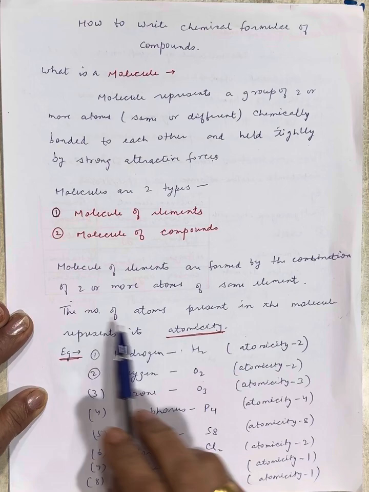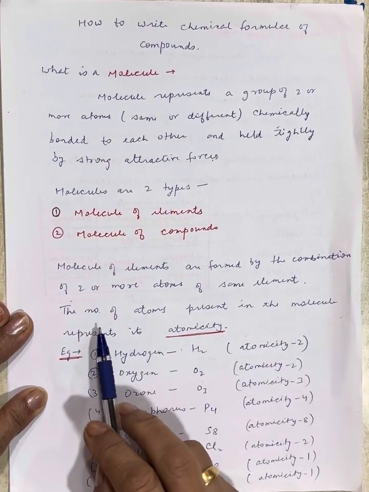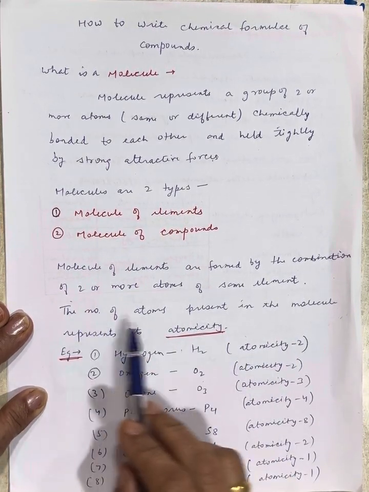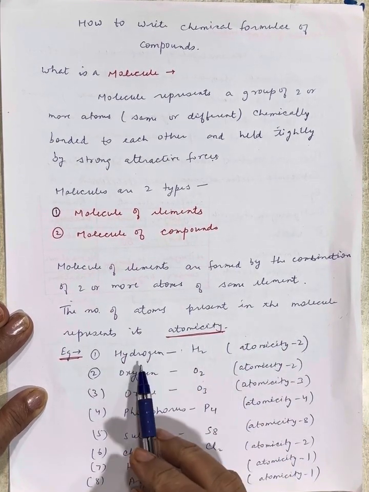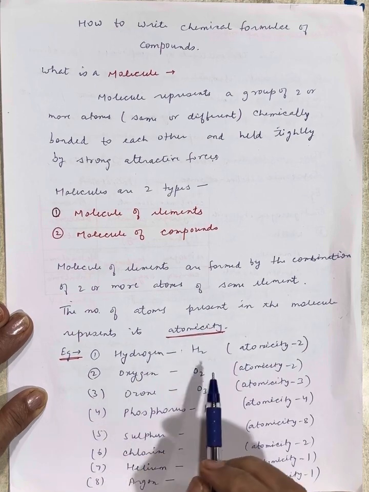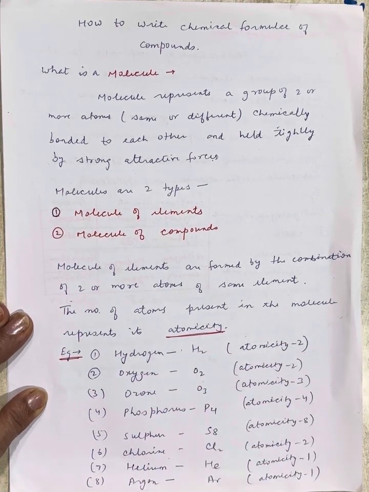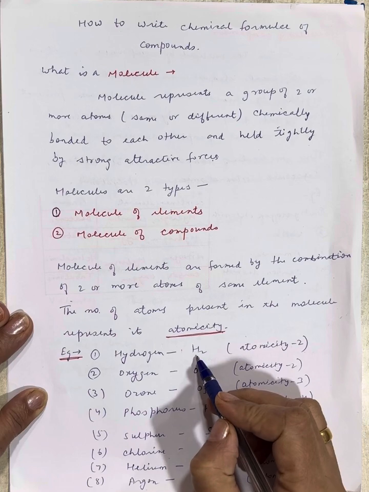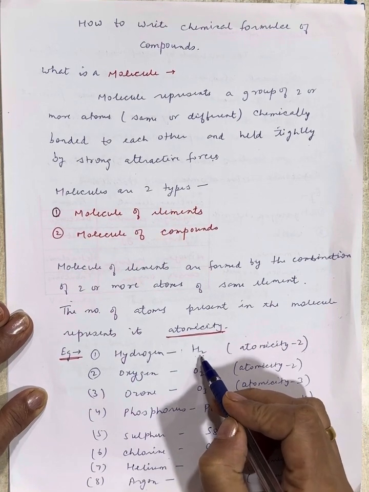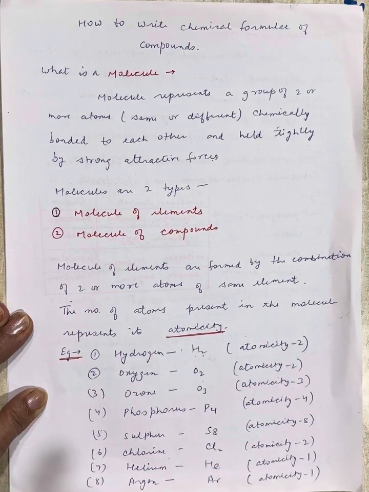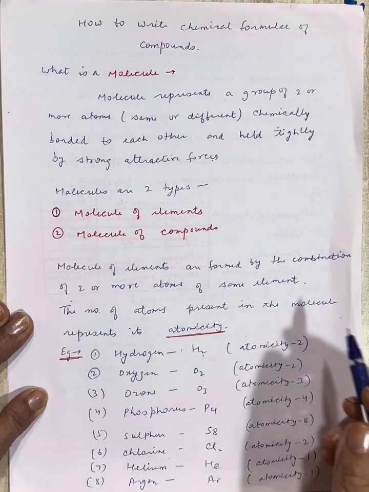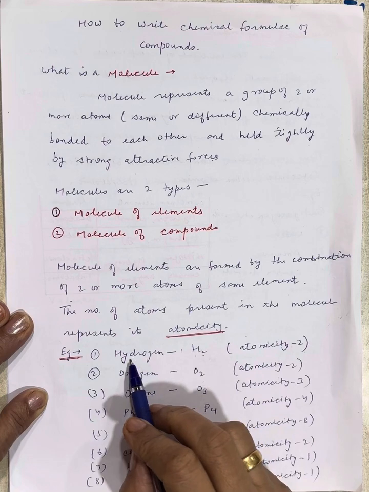One more thing here is atomicity. The number of atoms present in the molecule represents its atomicity. Like hydrogen, it is H2. Hydrogen is a molecule, and its formula is H2, because two atoms of hydrogen come together and form bonds, and in this way they stabilize themselves.